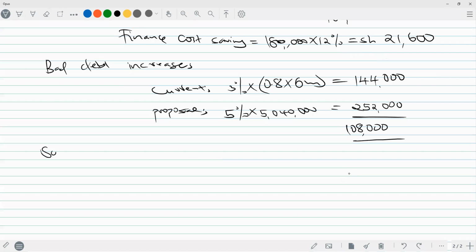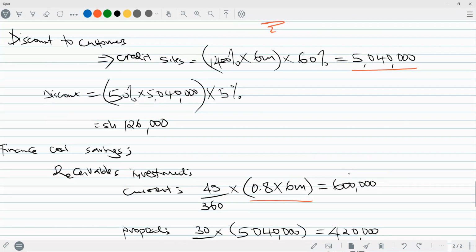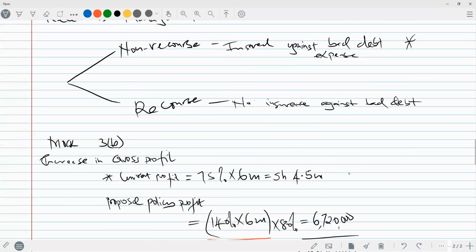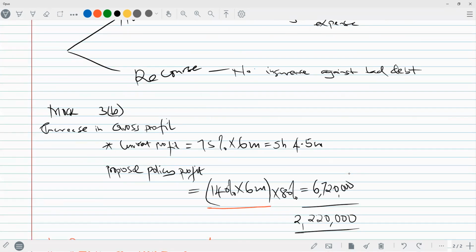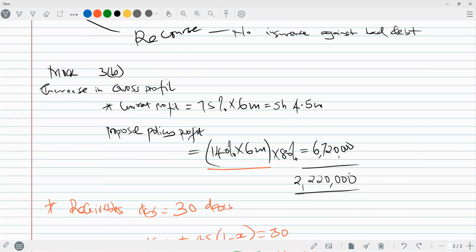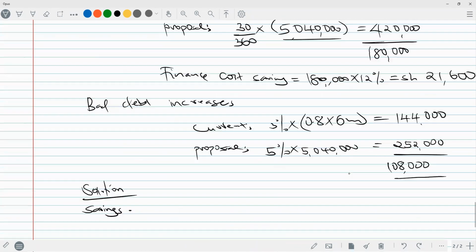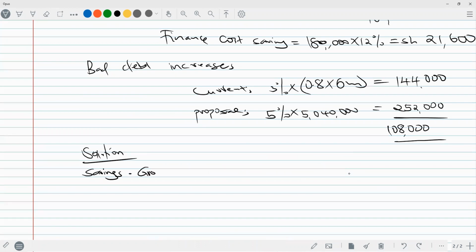So we can just call this the solution. We begin with financial benefits. We just call them savings. Let me check them out. First, there was the increase in gross profit of 2,000,000 to 20,000. So we begin here: gross profit increase.